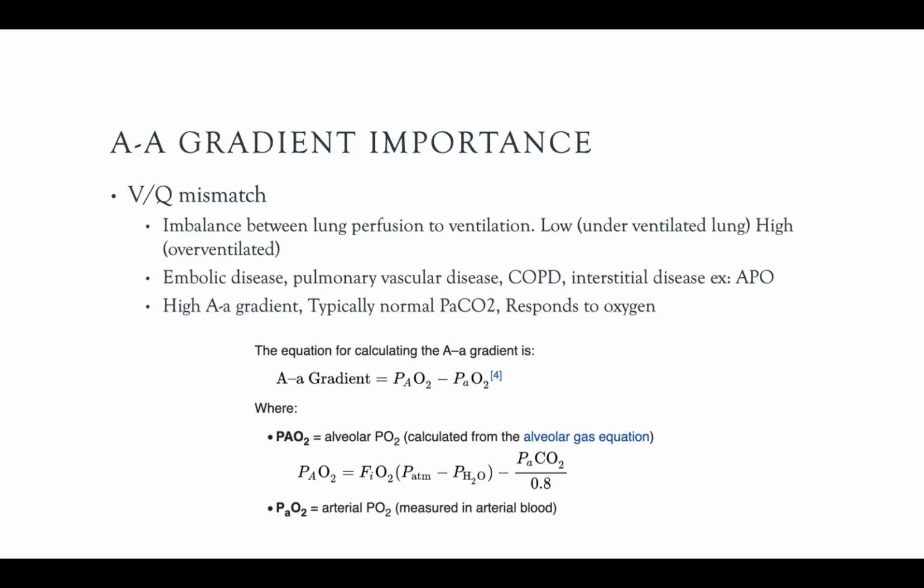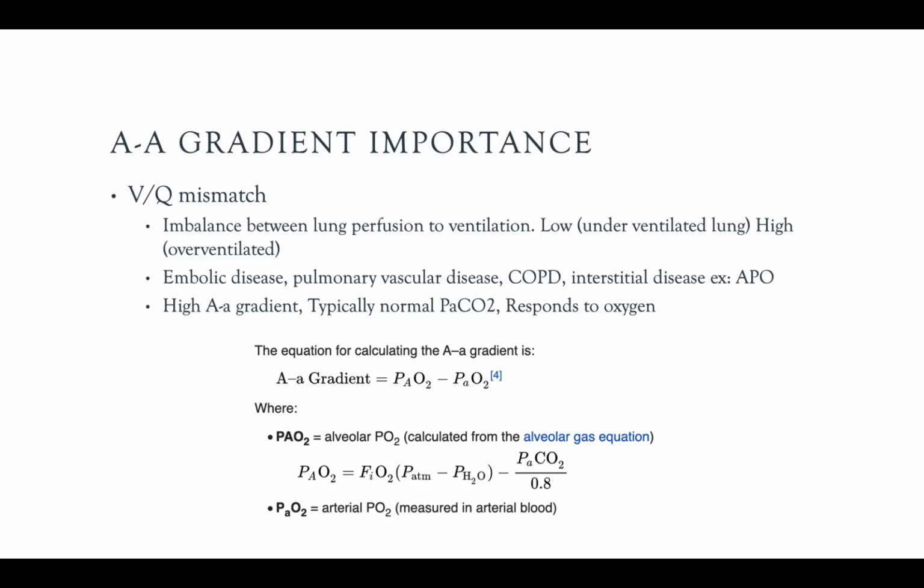How do you know, just based on an ABG, if this is a neuromuscular issue, or something like COPD that's affecting the whole lung itself? That's where our AA gradient comes in. It tells us the gradient between the alveolar and the arterial side, so whether this is an intrinsic lung issue.